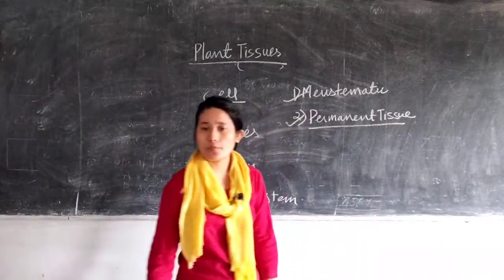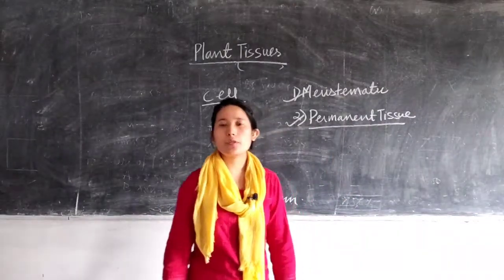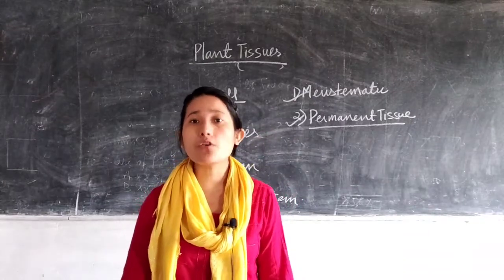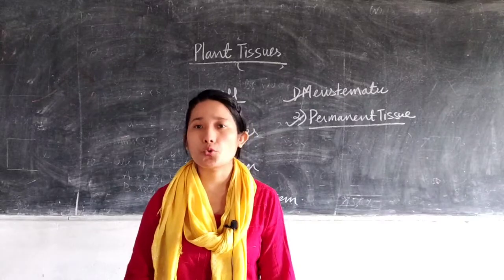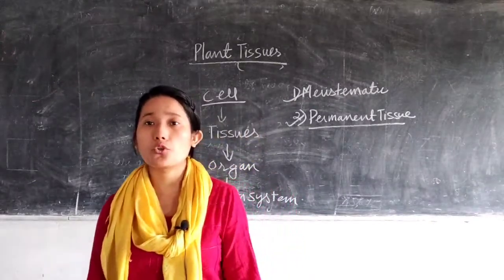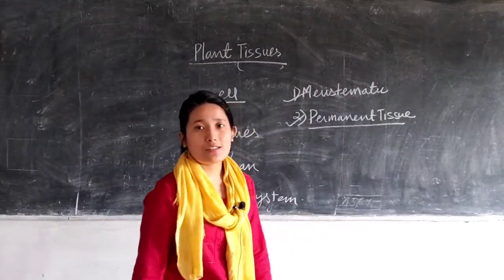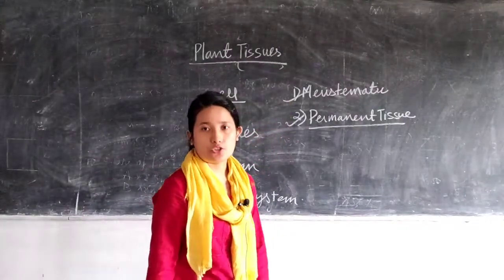That is, the matured form of meristematic tissue is permanent tissue, and permanent tissues have a specific role to perform in plants, while the role of meristematic tissue is to help in growth of the plant. That's why they are present in the tips of the root or shoot. For today's class let us only discuss the meristematic tissue.